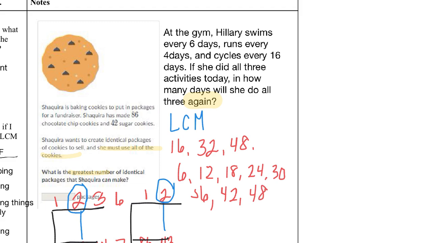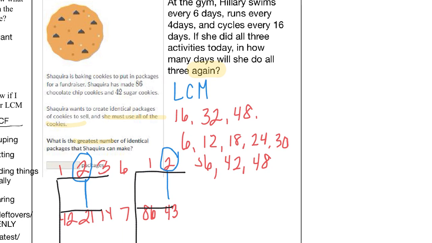And then I'm going to list out the multiples of 4. And I'm looking for something in common. So 4, 8, 12, 16, 20, 24. And we're going to keep going until we hit 48, because I know 48 is a multiple of 4.